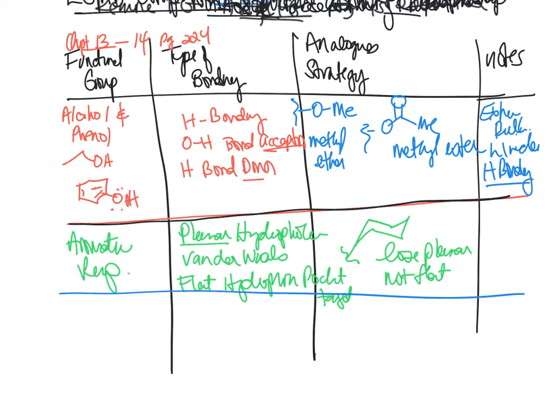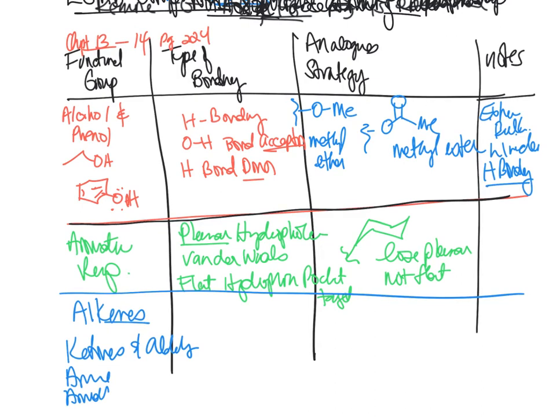The next one, alkenes. And keep going. And you go through your book and you find these. I've got ketones and aldehydes. We have amines. We have amides. Have I done any more? Let's see.